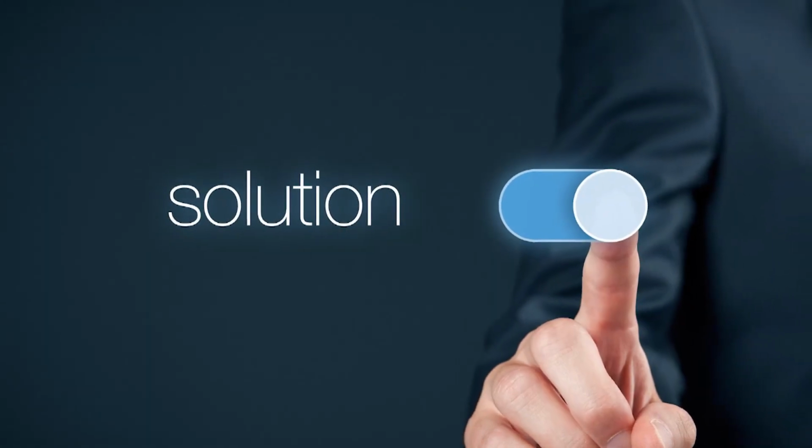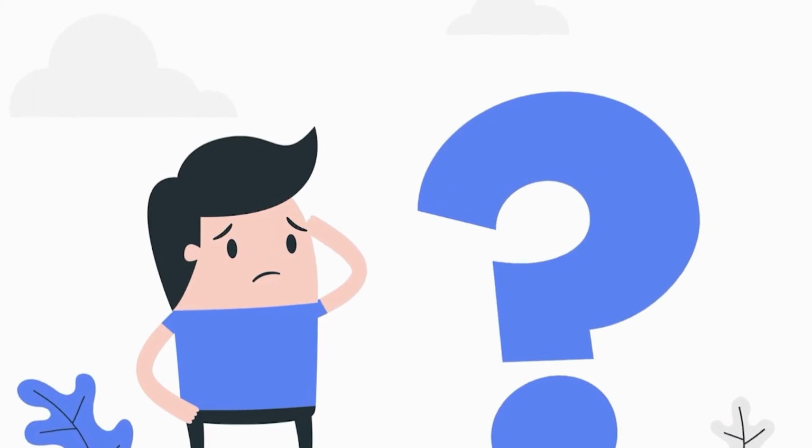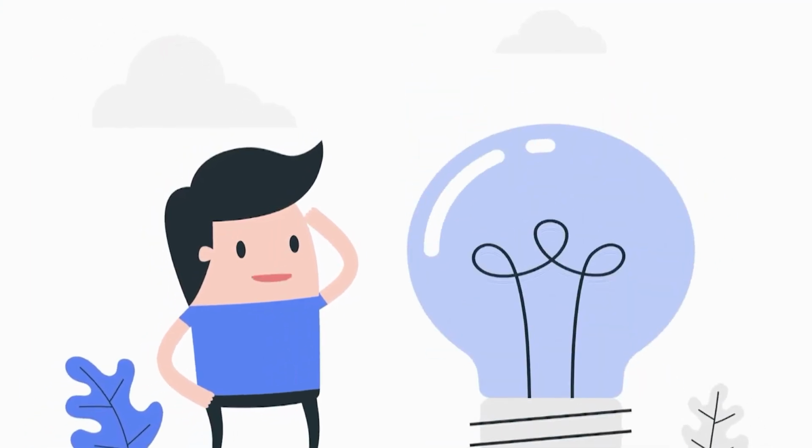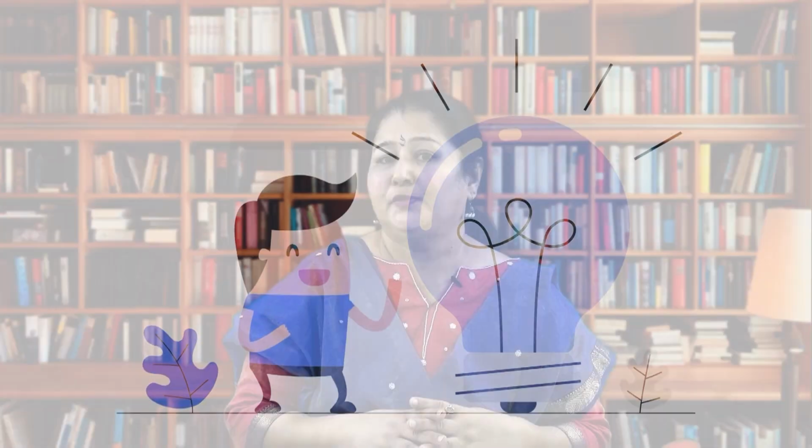Now, I have to find a solution. I have to find the root cause of the problem, and I have to try my best that this problem is resolved, and next time whenever I bake a cake, it is spongy and very soft.